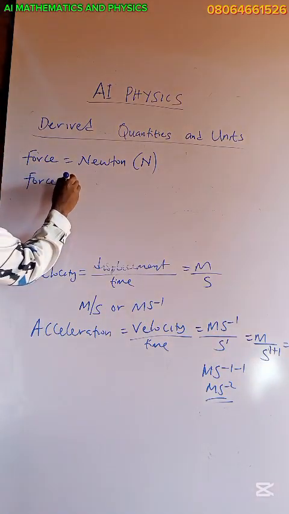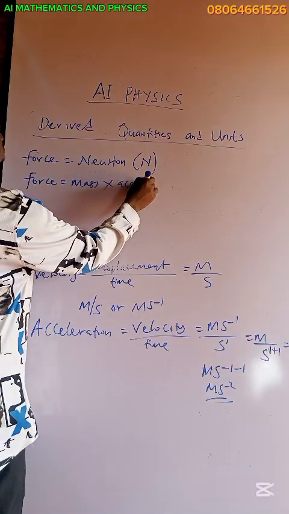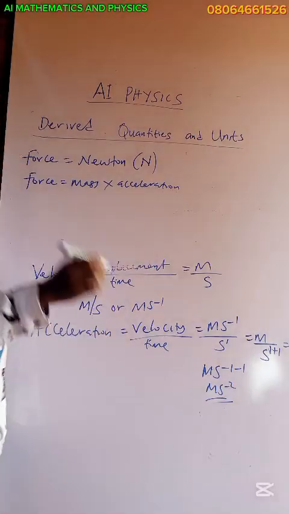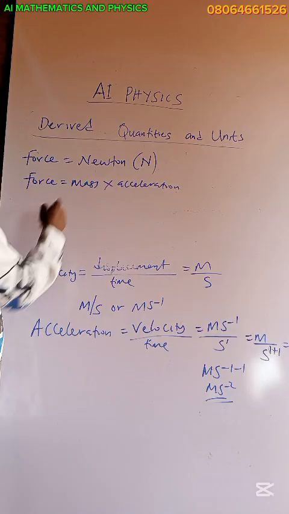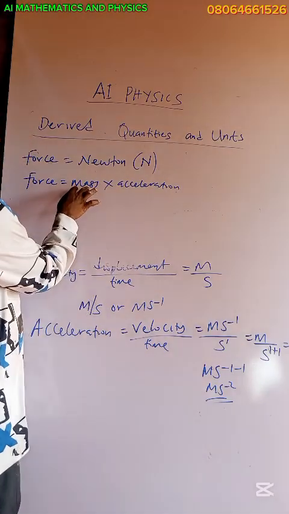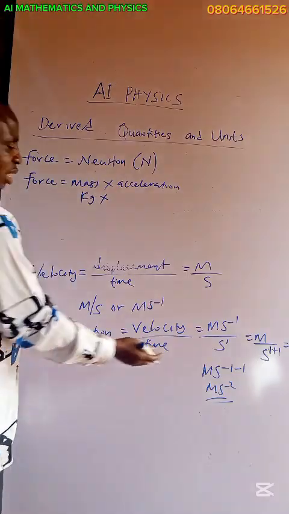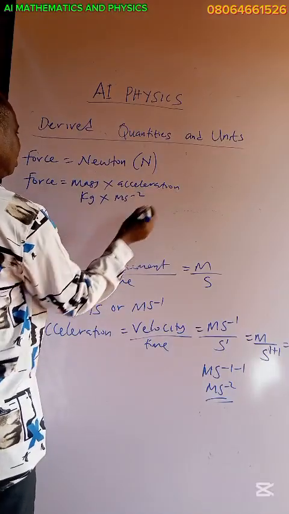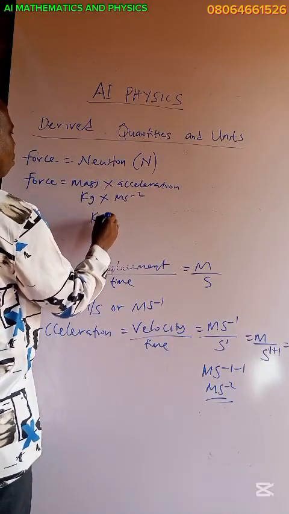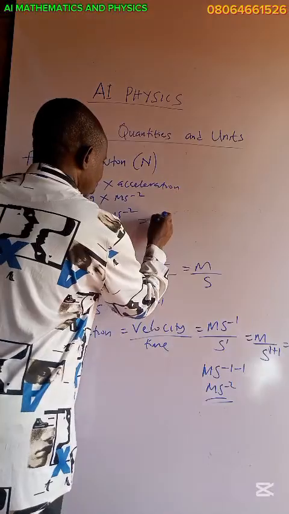Force is mass multiplied by acceleration. That is the formula. I told you that to derive any unit, you have to know the formula. The unit for mass is kilogram. Acceleration we have already derived, which is meter per second square. Multiply everything, our answer will be kilogram meter per second square. That is the right unit of force, which is the same thing as Newton.